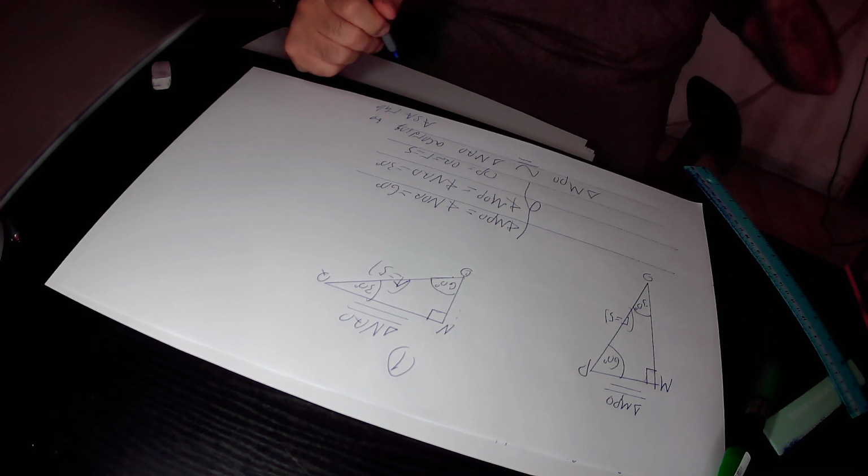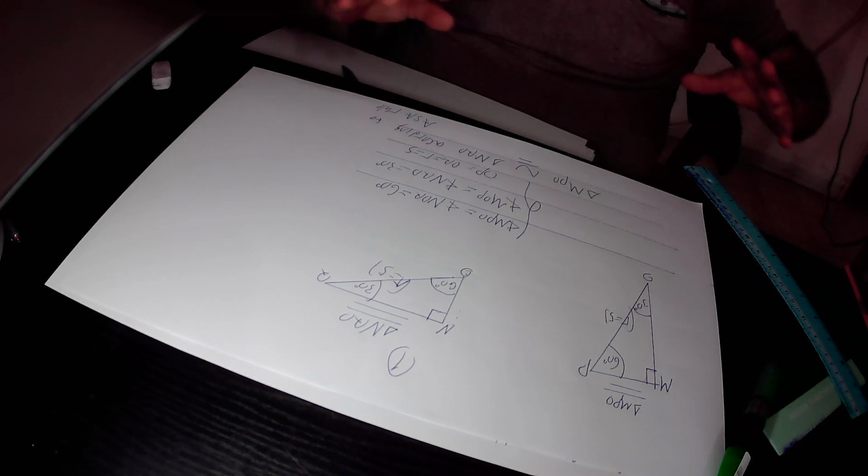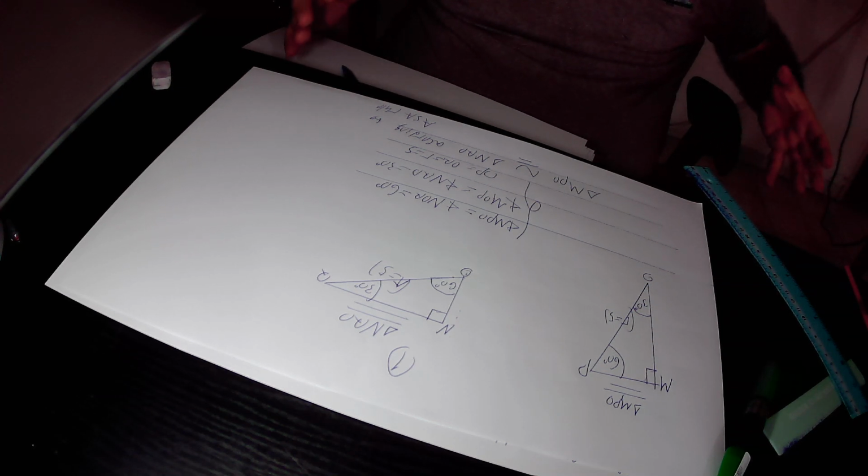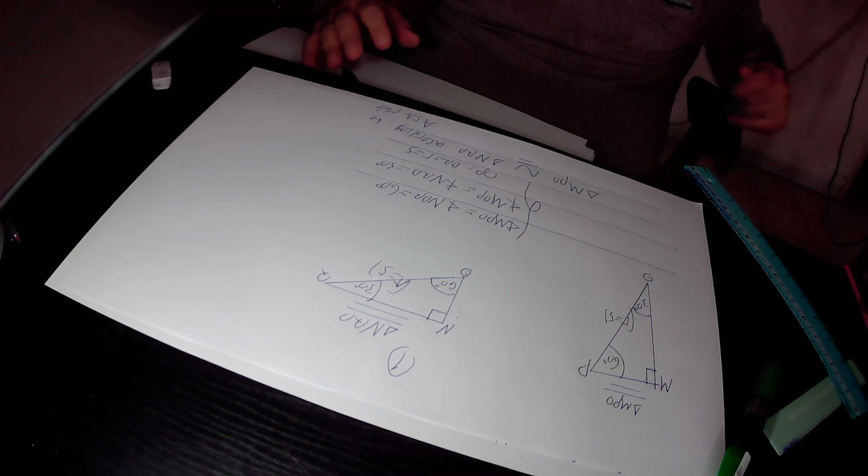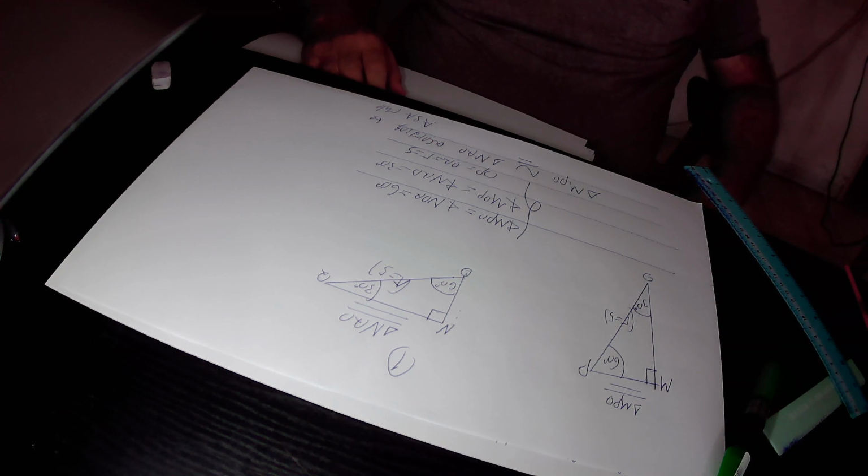And for the fact that those two right triangles can go into each other, we derive that they also have the same areas. Okay? Any two right triangles that can go into each other must also have the same areas.